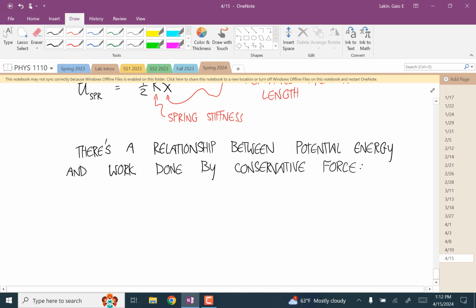And that relationship is the work done by the force is negative change in the potential energy.